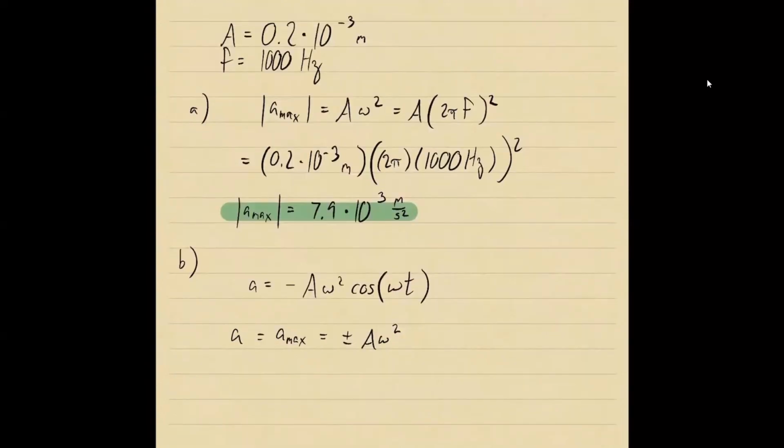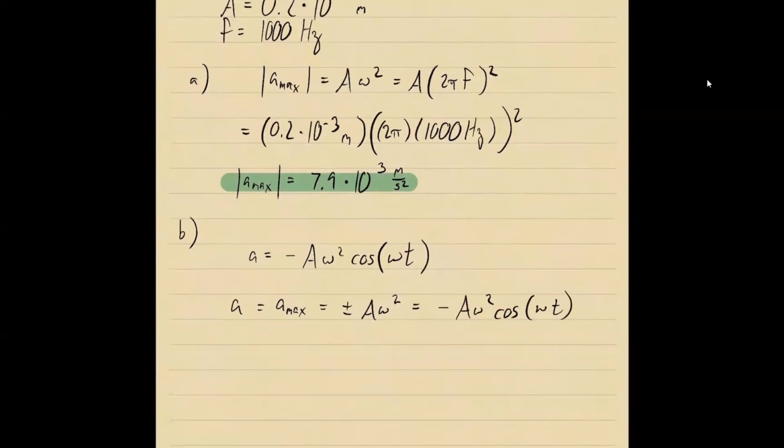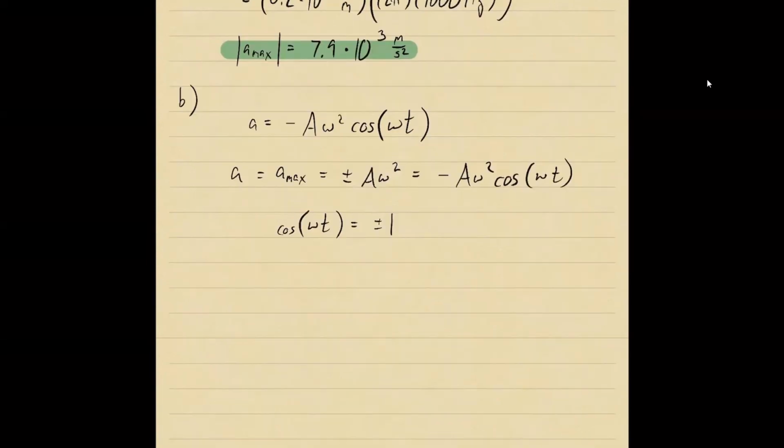But we also know that the acceleration is given by minus A omega squared cosine omega t. So really, we want cosine omega t to be equal to plus or minus 1. Well, cosine of omega t is equal to plus or minus 1 whenever omega times t is equal to some whole number n times pi, where n is 0, 1, 2, and so on and so forth.